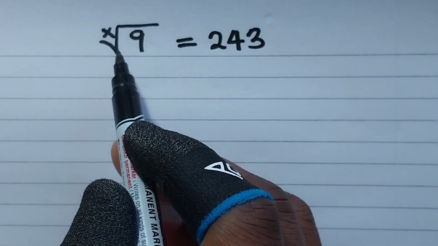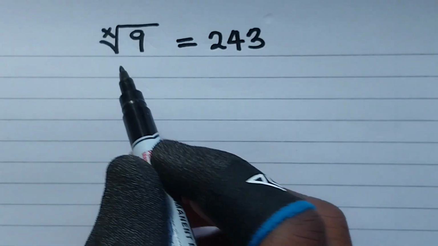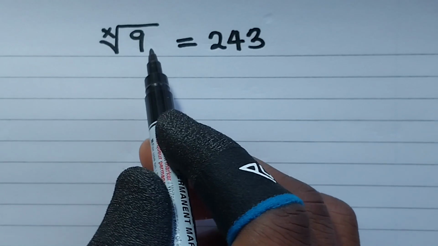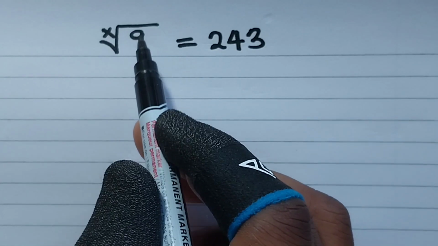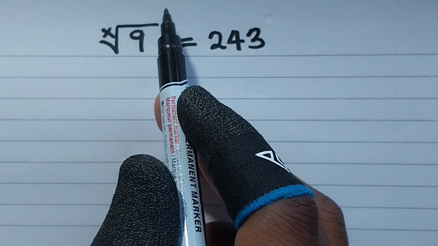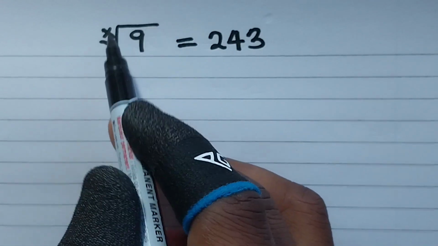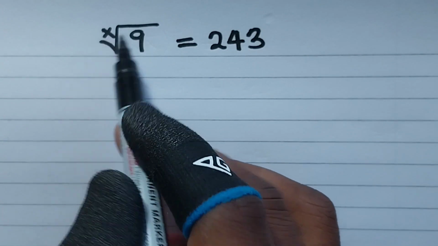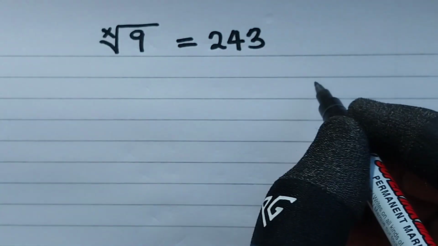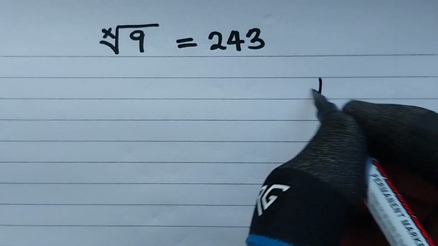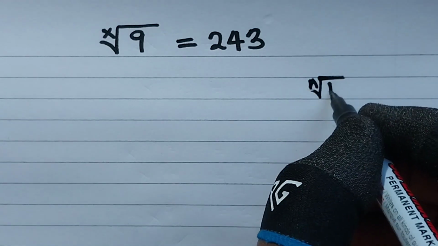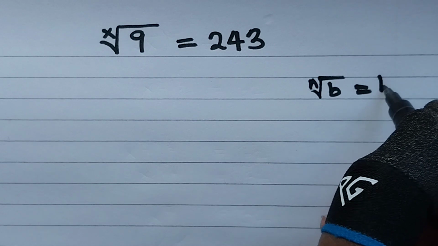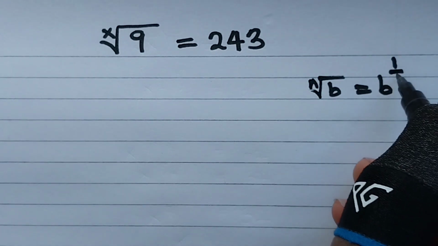So what we are going to do first of all is to remember that when you have the nth root of a certain number, it can also be written as that number raised to the fractional power of whatever is in that radical. Like if you have the nth root of b, for instance, this can simply be written as b raised to power 1 over n.